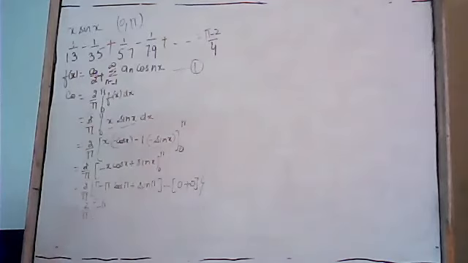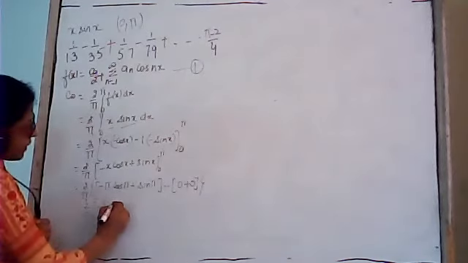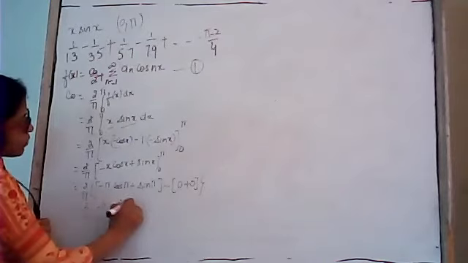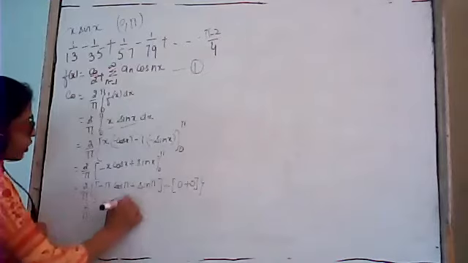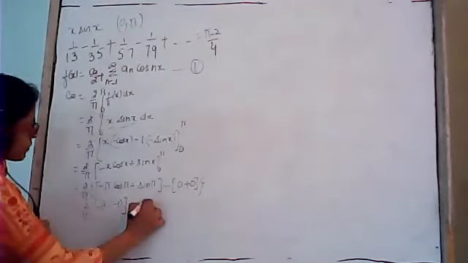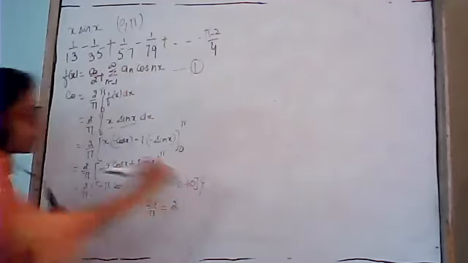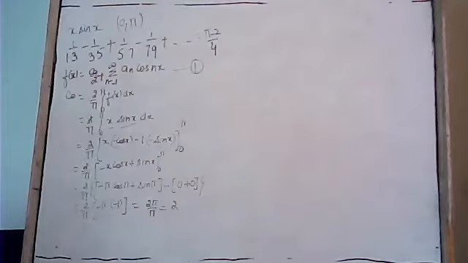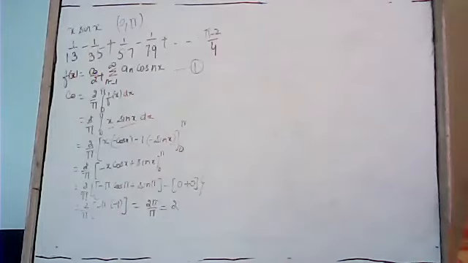The value of cos pi is minus 1. The value of sin pi is 0 and all the terms are 0. Minus pi into minus 1. It will be equal to 2 pi upon pi and pi will be cancelled out and the value of a0 will be equal to 2.